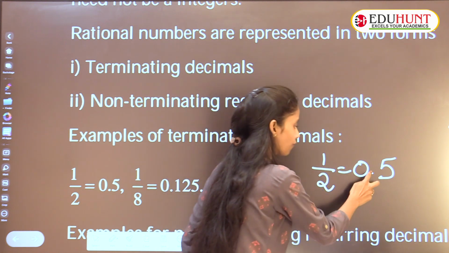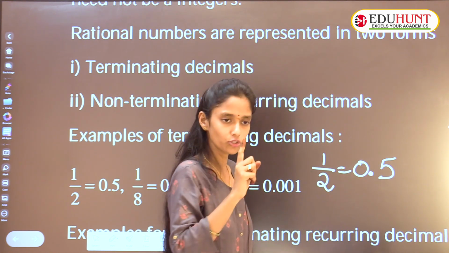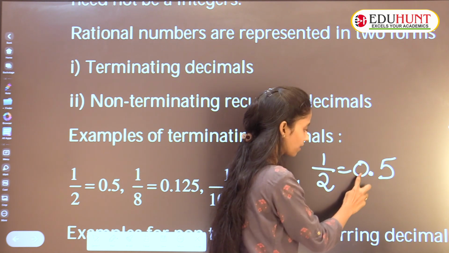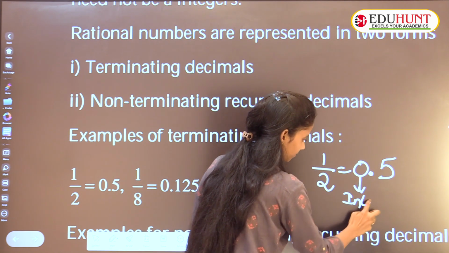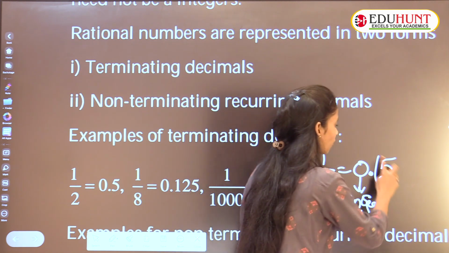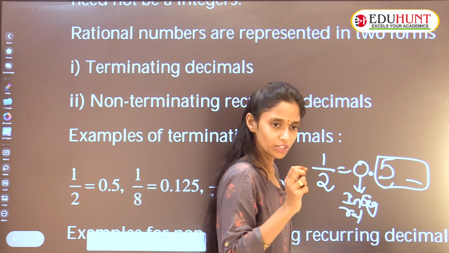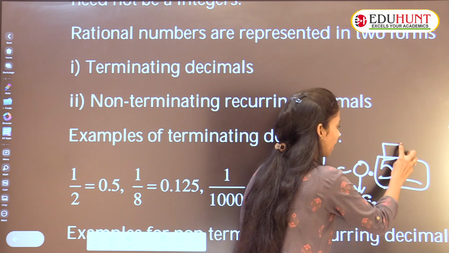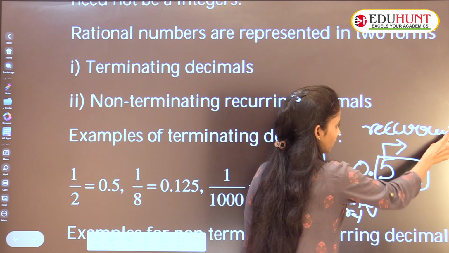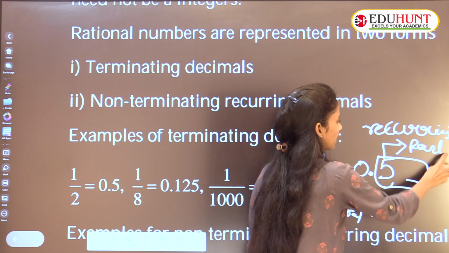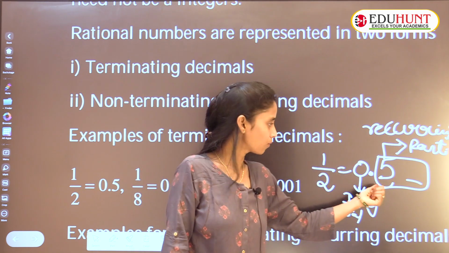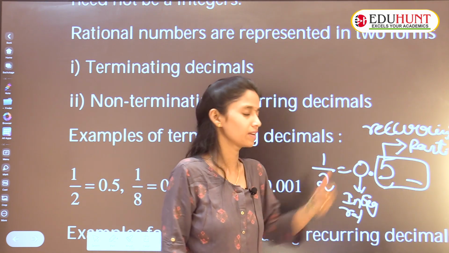Now see, in a decimal number, this part is called the integral part, and this part is called the recurring part. The recurring part is nothing but whatever digits are there after the decimal point.